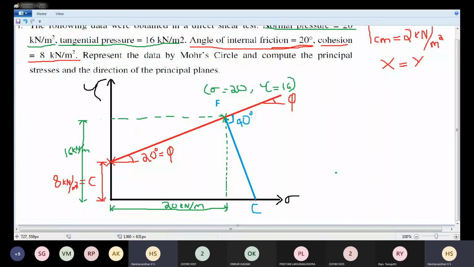C is the center point of the Mohr circle, and with C as center and CF as radius, I'll draw the circle.